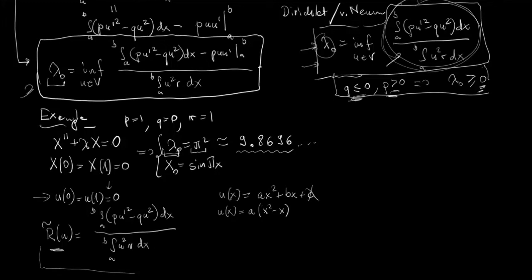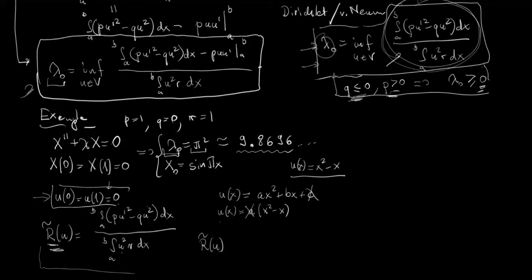Because when calculating this thing, we insert u quadratically here and quadratically here, so this constant is absolutely irrelevant. So what if we just calculate R of u for the function u of x equal to x squared minus x, which is the first function that comes to our mind that satisfies these conditions, right?